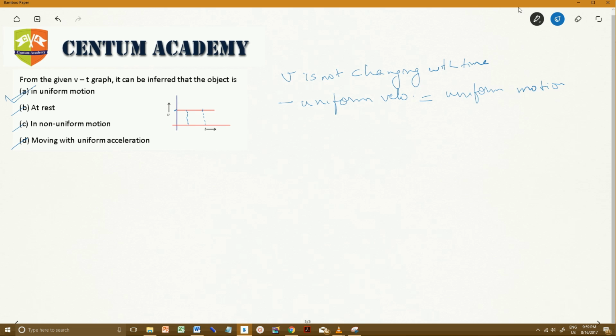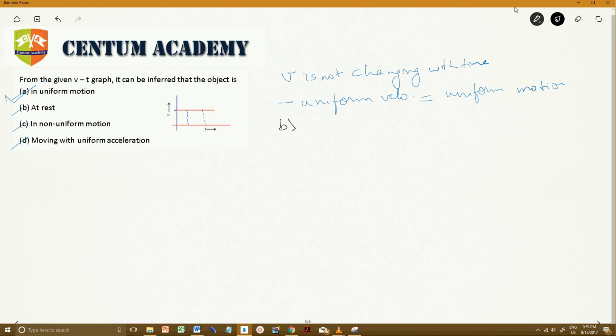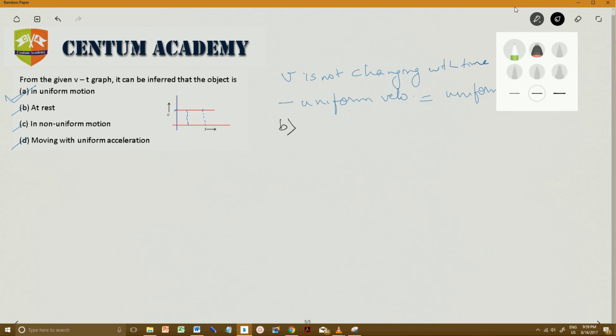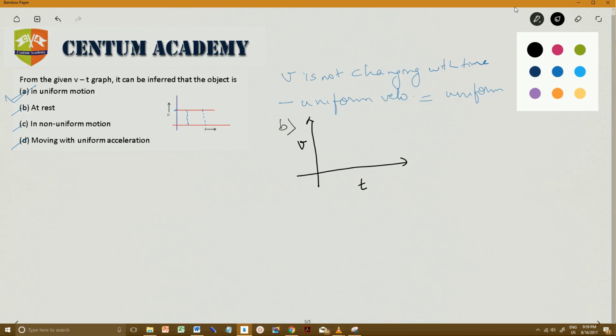Now let's also analyze the other options and see what would be the case if the other options are there. So how would the velocity time graph look like? So in case of option B, that is at rest, so if this is t and this is v, so at rest, that means body is at rest, so velocity must be 0.